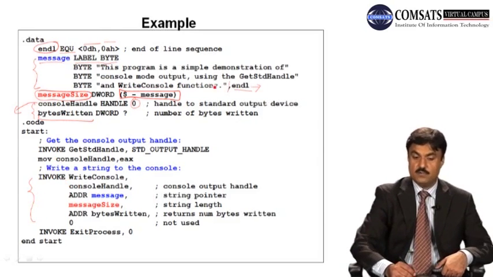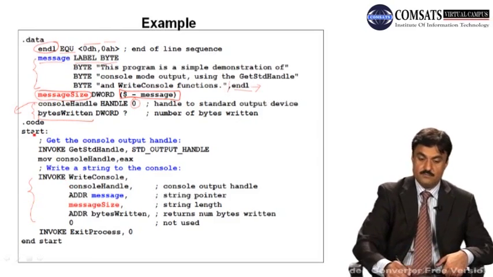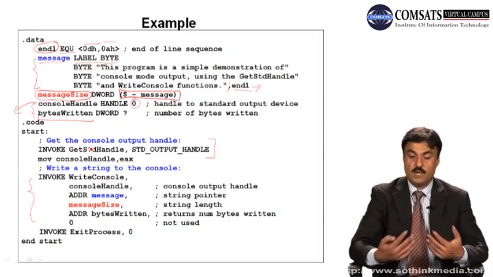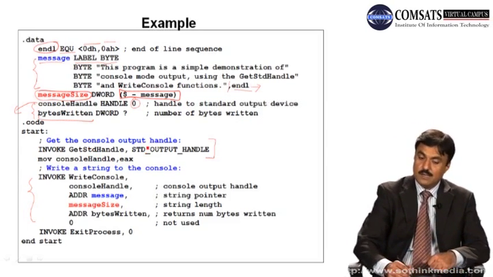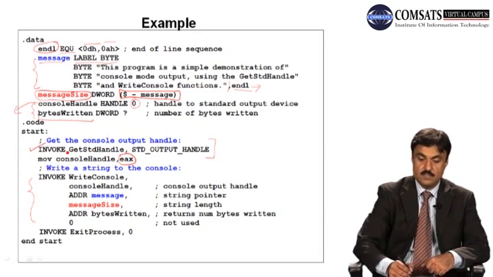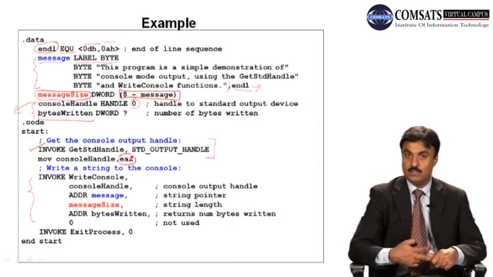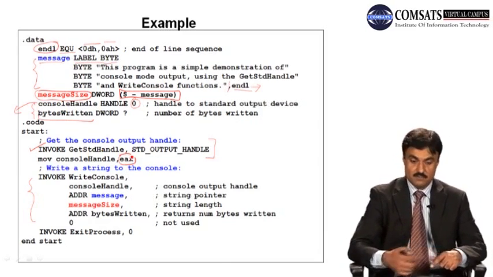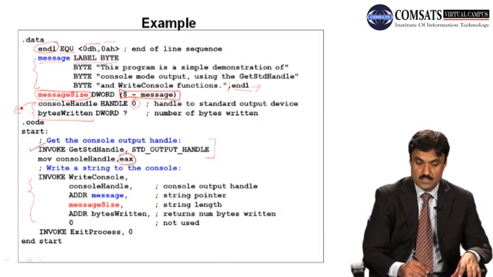At the starting point, we have to get the console output handle, the standard output handle, so we invoke GetStdHandle. If this function has completed successfully, EAX will hold the standard output handle value, and we store it inside the console handle variable.